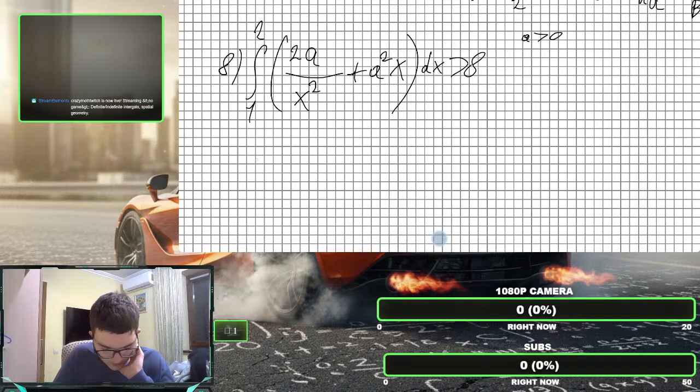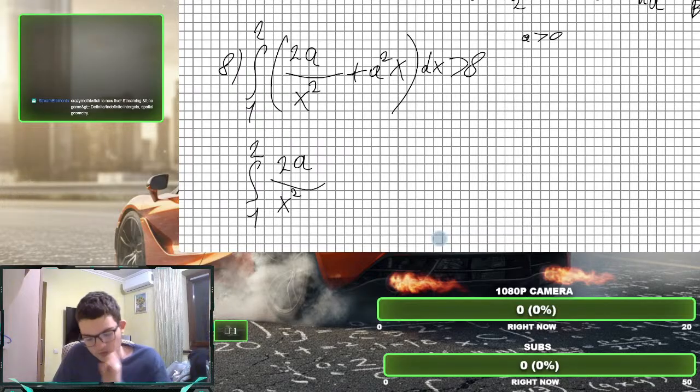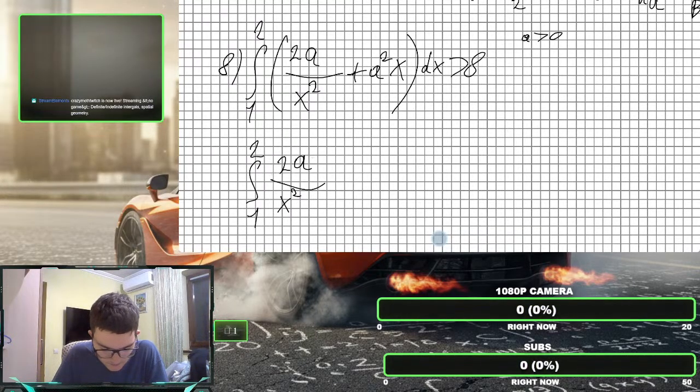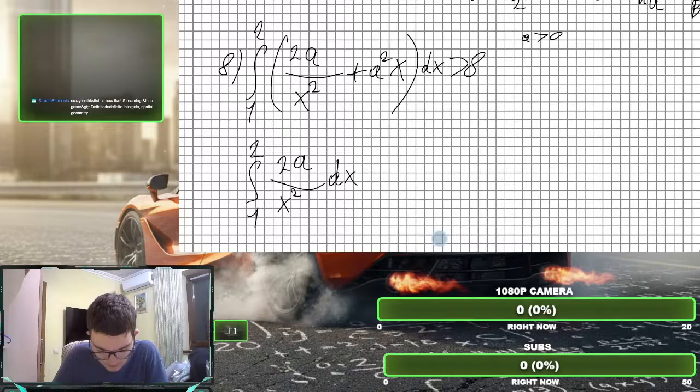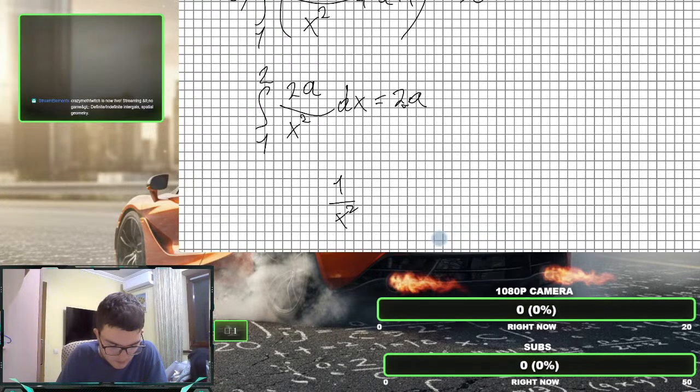So like I'm splitting it, integral from 1 till 2, and I have this 2a divided by x at the second power, and so dx, I have like 2a up front, right, and the 1 divided by x at the second power. How can I integrate that?